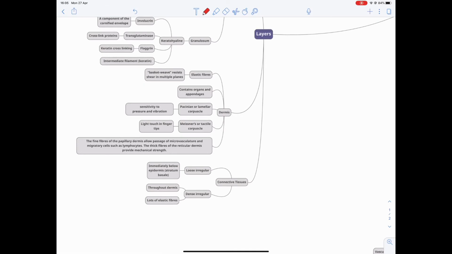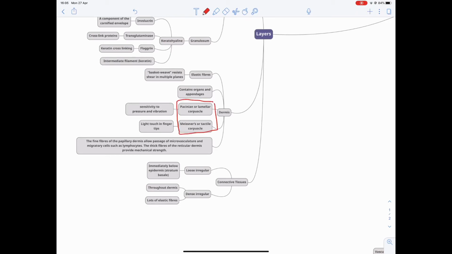So the dermis then, again, is mostly comprised of connective tissue, elastic fibers, in sort of a basket weave pattern. But apart from those, you also have these lamellar corpuscles, which are mostly for tactile sensitivity to vibration and touch.